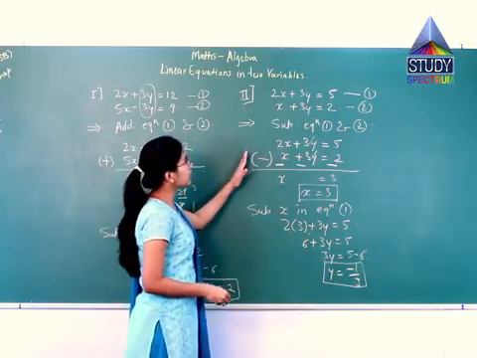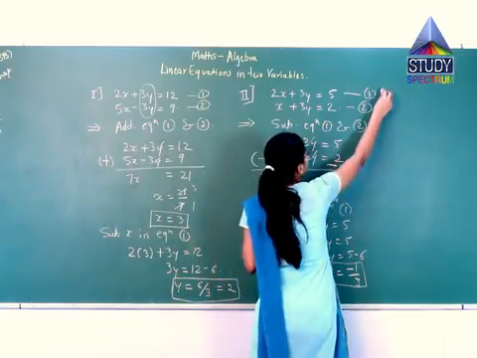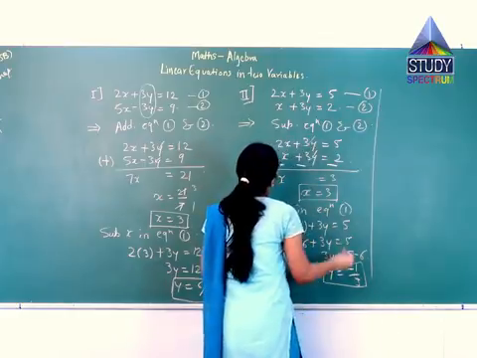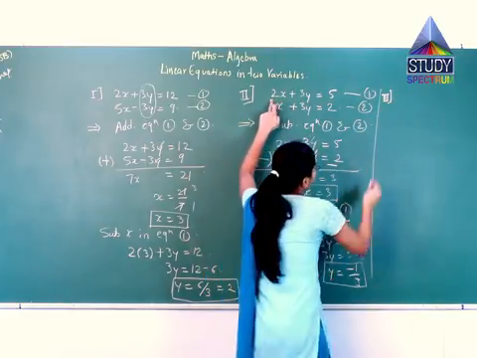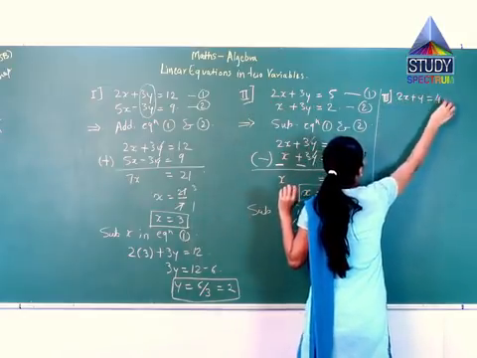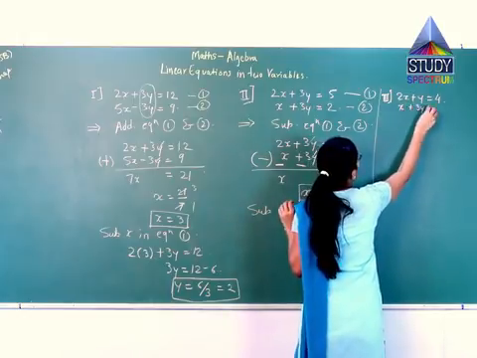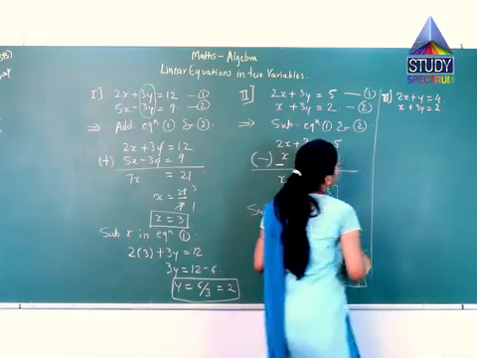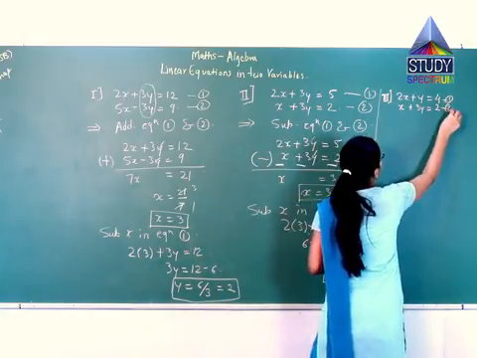Means in this example only, suppose I modify this example and do it as example number 3, suppose. See, 2x plus y is equal to 4 and here x plus 3y is equal to 2. Now suppose this is my equation number 1, equation number 2.